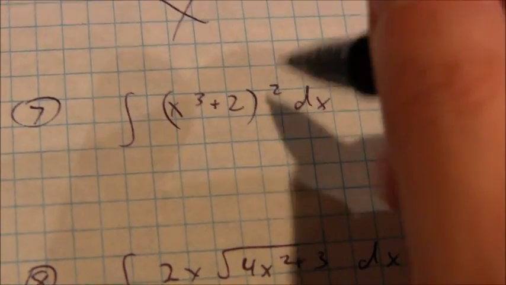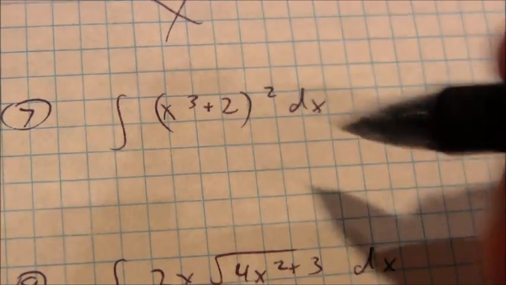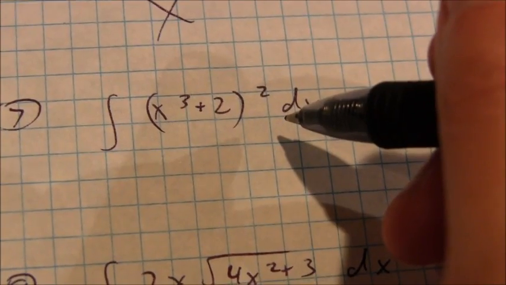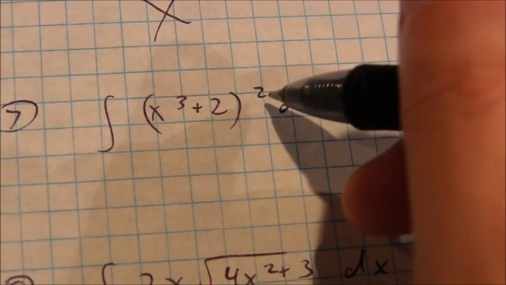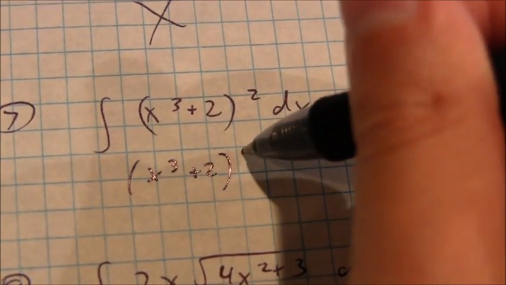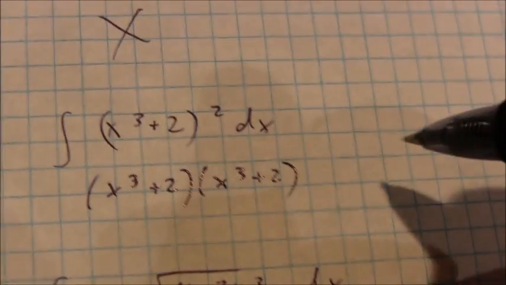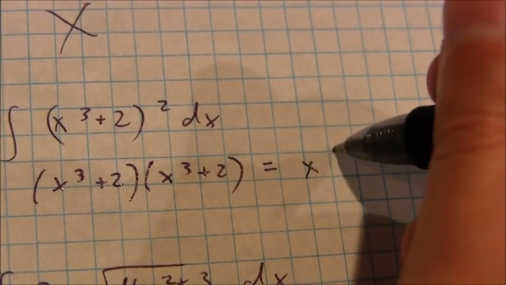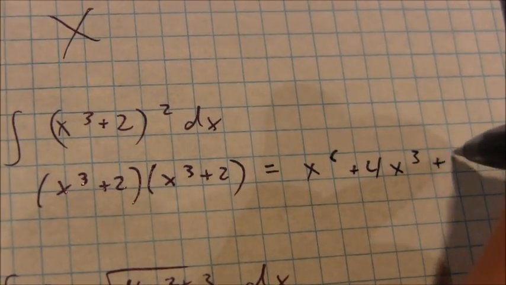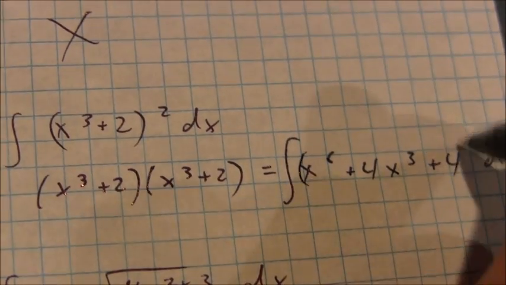Okay, moving on to 7. Same thing. Derivative of the inside function is going to be 3x squared. You'll notice I don't have a 3x squared outside of parentheses. However, unlike number 6, this is one that can be simplified relatively quickly. I can square this. And that's equal to x to the 6th plus 4x to the 3rd plus 4 dx.